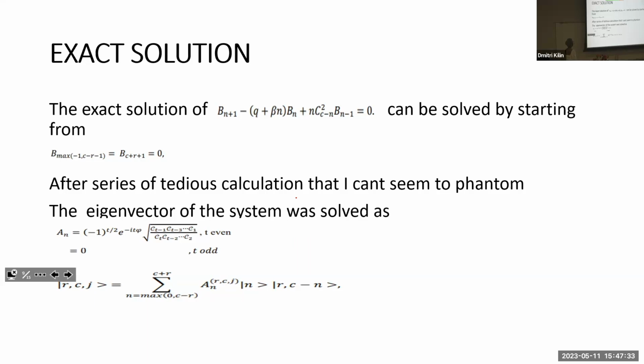Okay, sorry. So the eigenvectors were solved as this, and if you recall the wave functions that were brought up initially, we can be able to input this here and get our value for the eigenvectors.